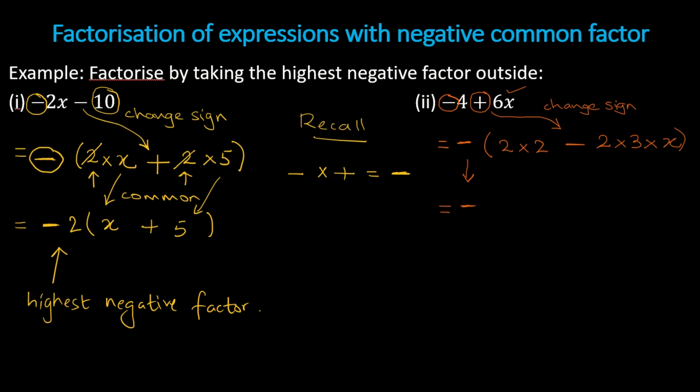Now, which number or letter is common? It is the number 2 which is common. So we keep the 2 outside the pair of brackets because it is common. So we are left with 2 minus 3 times x, which is simply 3x.